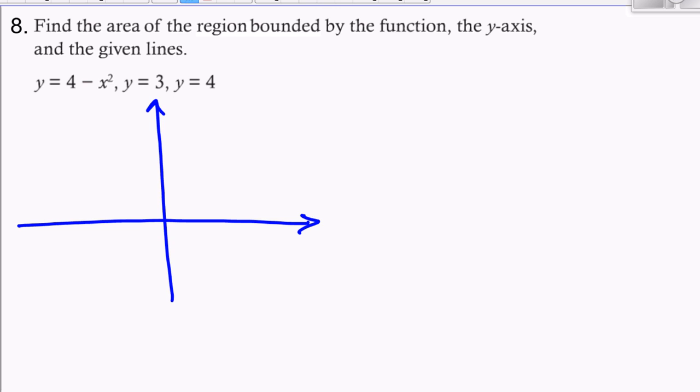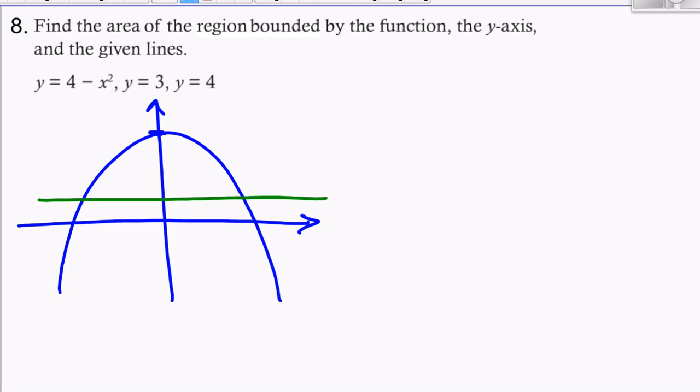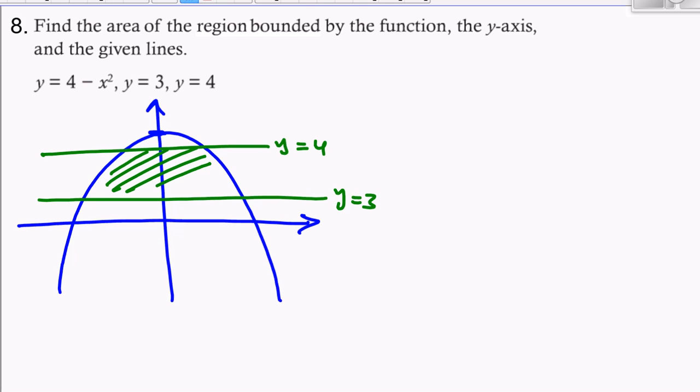So it's just a quadratic function. This is the turning point. Anyway, between y equals 3 and y equals 4, somewhere there and somewhere there, y equals 4, y equals 3. This is the area that we want.